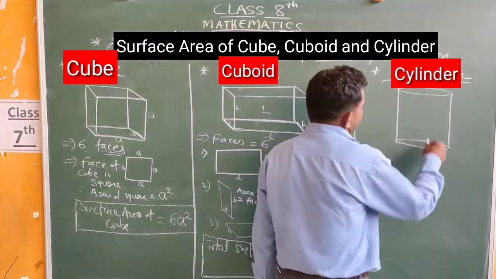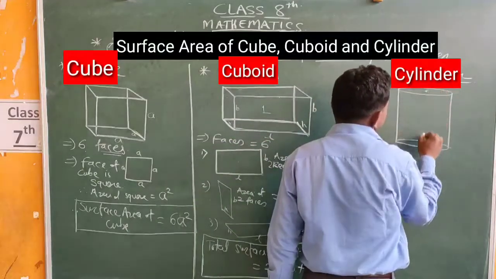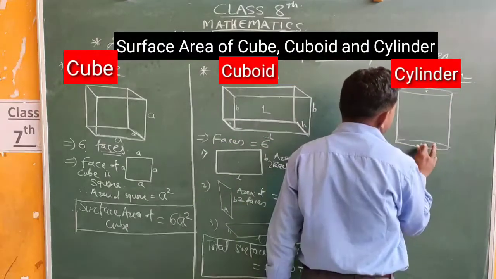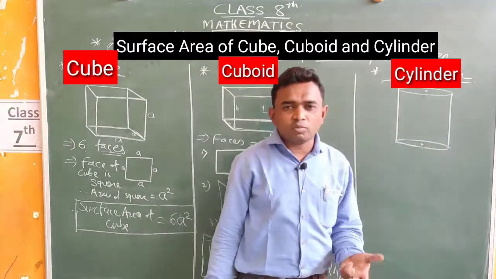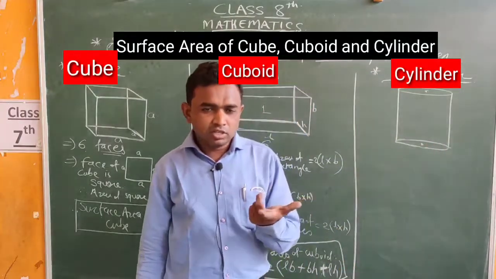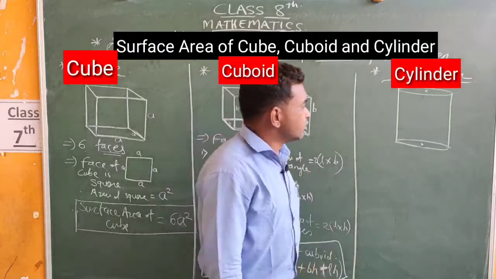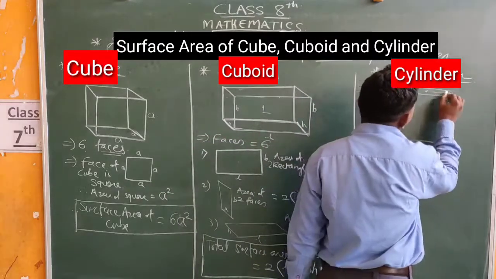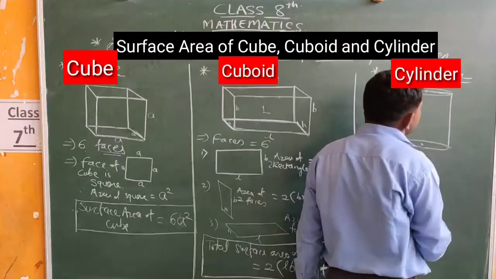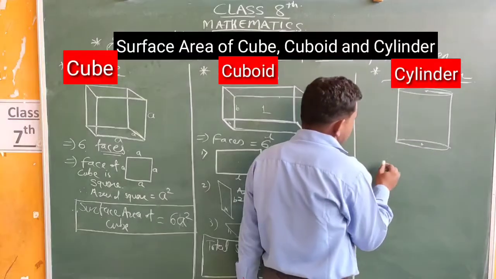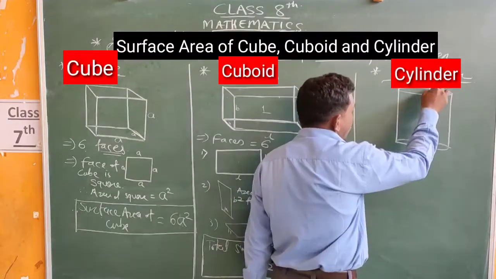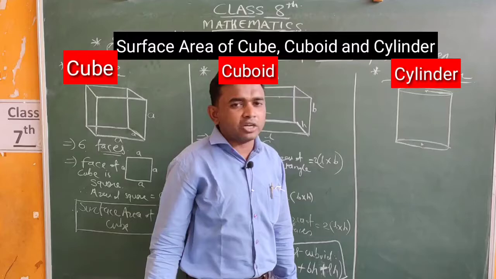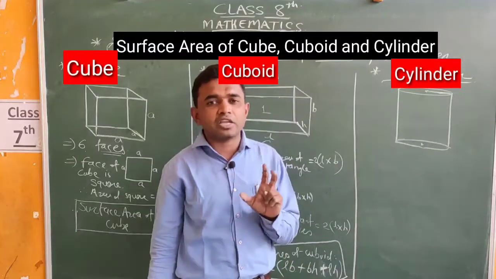Here these are the circles. The top and base of the cylinder are circles. Then the circle has a radius. The top and the bottom parts are both circles, and both the circles are equal.